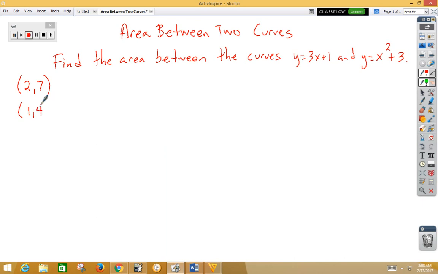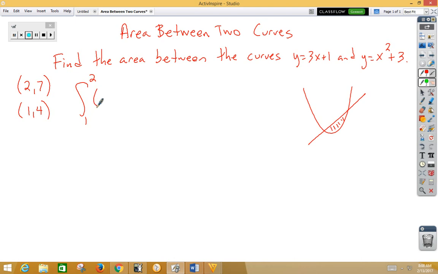So now I know that what I've got is basically a parabola and a line. The line is on top. The parabola is on the bottom. I'm trying to find that shaded region. So we set up our integral. We've got from 1 to 2 because we're doing the x values.